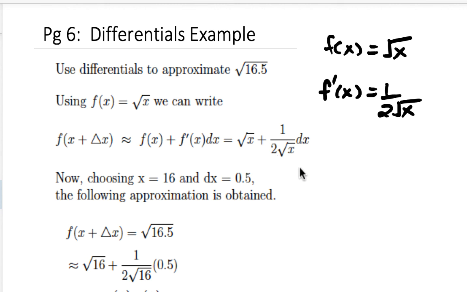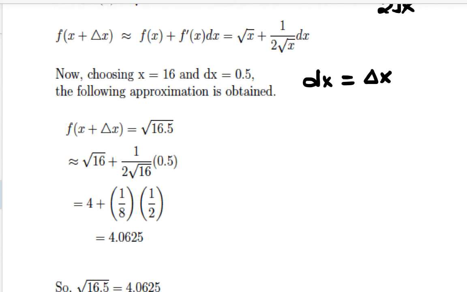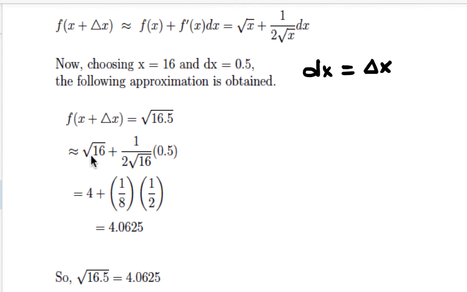Keep in mind once again that dx is the same as change in x. So we get square root of 16 plus half times 1 over square root 16 times 0.5. When we solve it, we get 4 plus 1 over 8 times half, which is 4.0625.